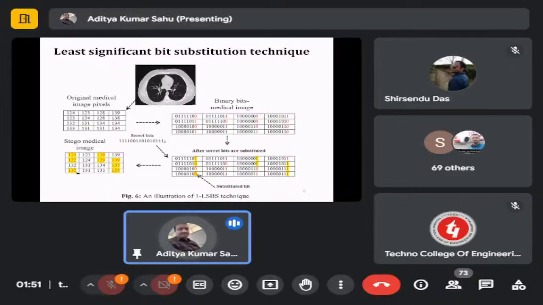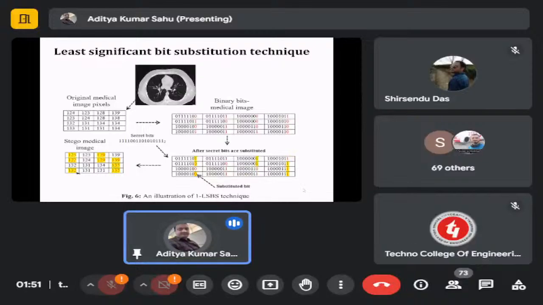If you see this diagram, the cover image is a kind of medical image, and a block of pixels has been taken, original medical image pixels, which is actually a block consisting of 16 pixels.